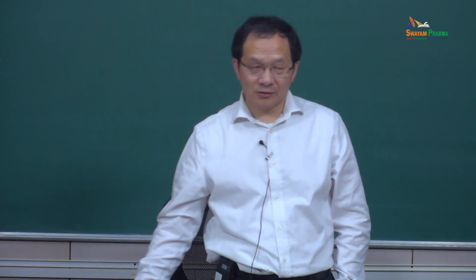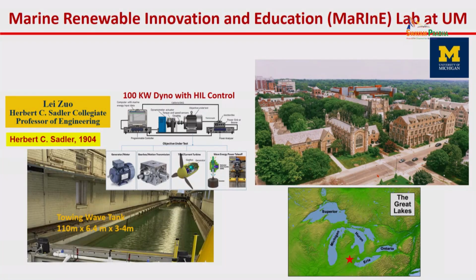As I mentioned to you, my research lab is called the Marine Renewable Energy Innovation and Education Lab. The University of Michigan is a public Ivy in the United States. It has been in the top 3 public universities, and it is a beautiful place, especially in the fall season, September like that. In winter you get a chance to see snow, right? And in Madras, you never get a chance to see snow.